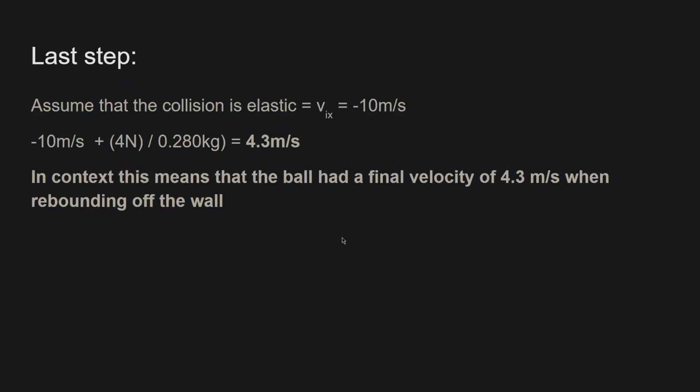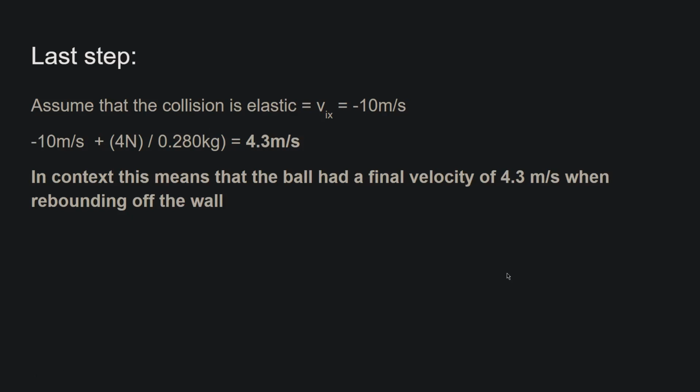So in the last step, you must assume that the collision is elastic, which means that the initial has to be negative 10 meters a second. So you use this negative 10 meters, and then you have to add this to the 4 newtons from the impulse divided by the mass of the ball, which is 0.28 kilograms, and that gives you 4.3 meters a second.